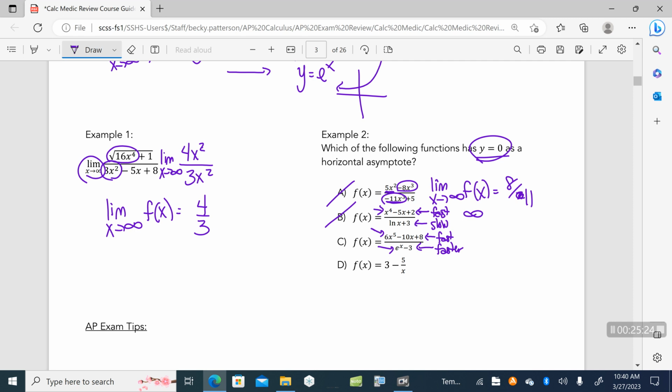So when the bottom's getting bigger quicker, then that fraction is headed to 0. So I'm thinking it's C. If I look at D, if I'm plugging infinity into the bottom of this one, I know that this fraction is headed to 0. However, this is 3 minus 0, which would be 3. So the answer has to be C.